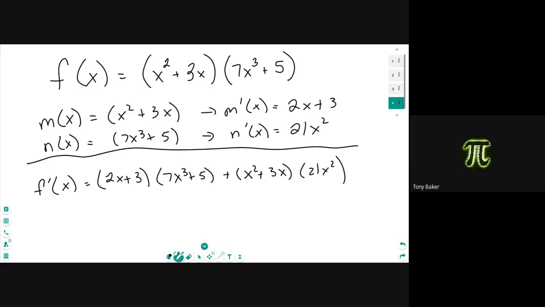And if we wanted to get it back to the way that your other one looked, we'd have to multiply it out. Plus 21x squared.